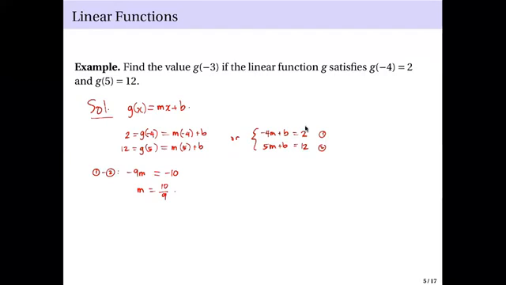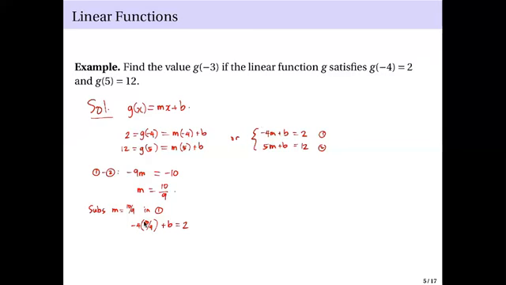And then we substitute this m to any of the equations here. Let's just substitute the value of m equals 10 over 9 in equation 1. So we will have negative 4 times 10 over 9 plus b equal to 2.